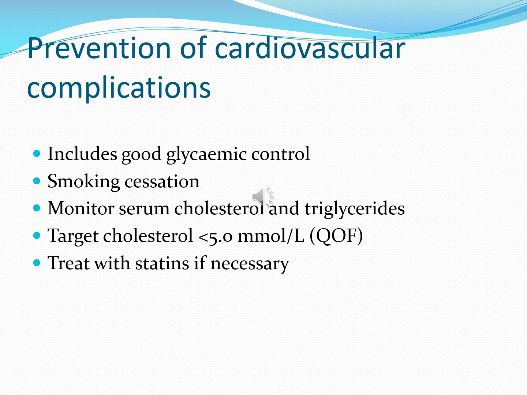There's no real target, but the lower the better in patients with diabetes. And this is a QOF, which is basically a quality framework set by the NHS to ensure GPs target cholesterol in diabetic patients. And of course, one of the best treatments for hypercholesterolemia would be a statin.